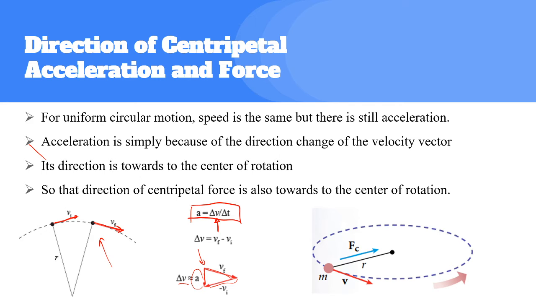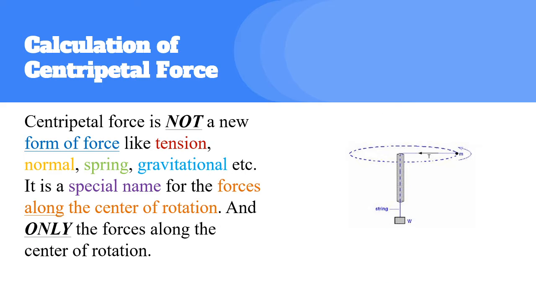Acceleration is due to the change of direction, and the direction of the acceleration is going to be towards the center. Acceleration and force are in the same direction. So centripetal force and centripetal acceleration are going towards the axis of rotation. That is very important.